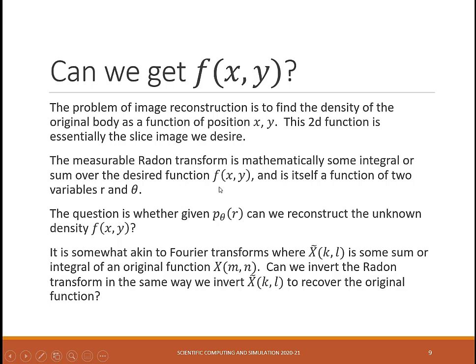As explained earlier, the raw data or sinogram produced by a CT scanner is the Radon transform of the human body in the form of a function p with two parameters, theta and r. Now, the question is, can we reconstruct the unknown density function f(x, y) using a given p(theta, r) function obtained from the scanner?